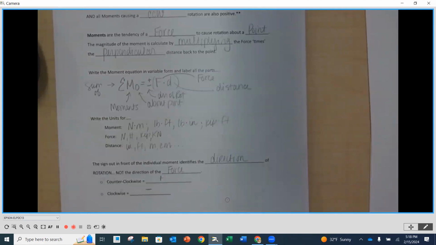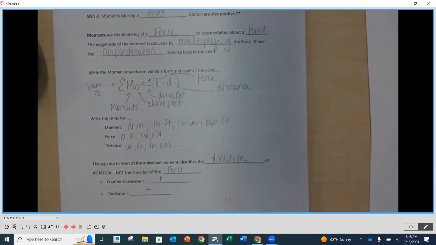So moments, for instance, in beams are not meant to rotate, okay? But we need to find out what is the tendency of rotation because of that force that's offset from a point. So that's why we call it moment. And you're going to notice that we always use pound, we always use the force first and then the distance. So there is no difference, but in the application.